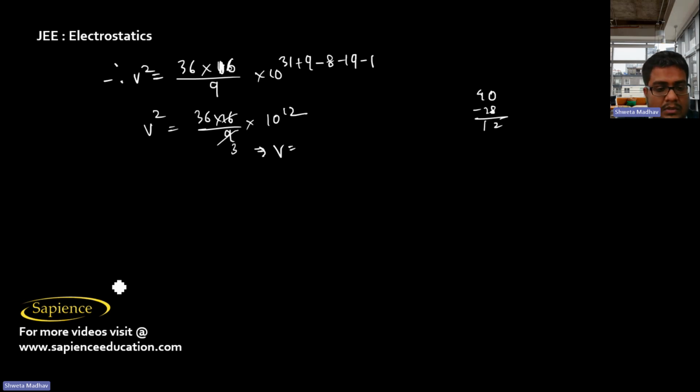I'm sorry, I have to take the square root of this entire thing. 6 6 is 36, 4 4 is 16, 3 3 is 9, into 10 power 6.